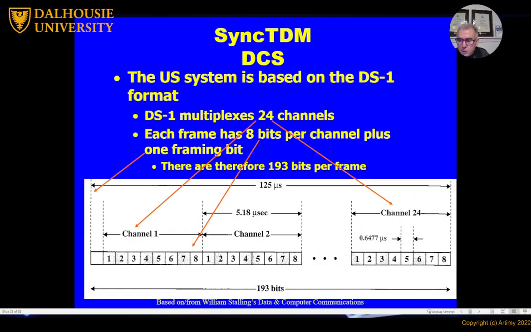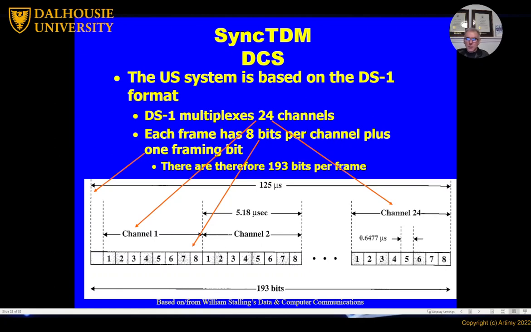Okay, so this slide talks about one of the most common systems used to carry multiple voice channels. It's called the DS1 system, originally used to carry multiple voice channels, multiplex them and send them in one channel, and then later it was modified to carry data as well.